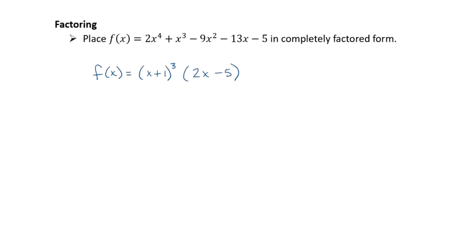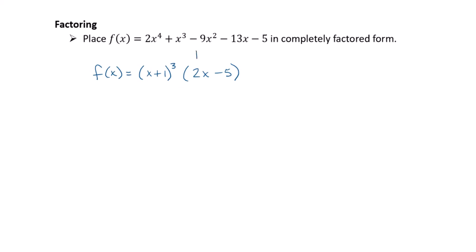We left off with the f of x as x plus 1 quantity cubed times 2x minus 5. Now the fundamental theorem of algebra that we just went over says that we can factor this down to linear factors, and every x is a plain x in those factors.